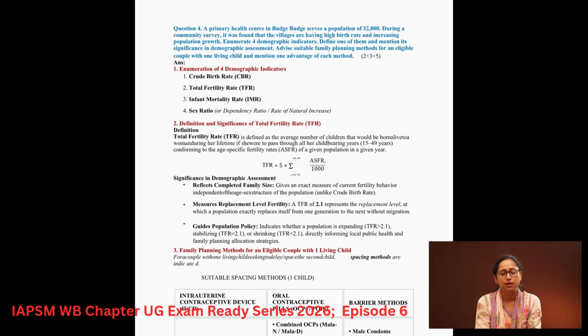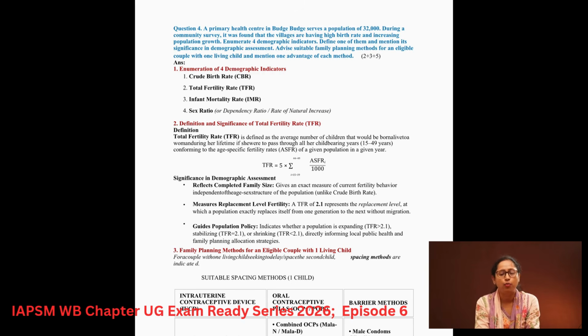Now, significance in demographic assessment. What is the significance of this in demographic assessment? It reflects the completed family size, it gives an exact measure of current fertility behavior independent of age, sex, structure of the population, unlike crude birth rate, right. It measures the replacement level fertility.